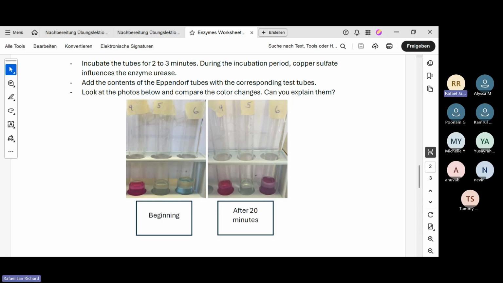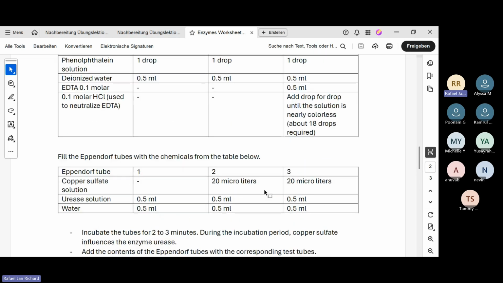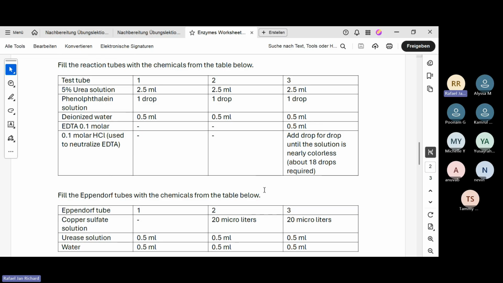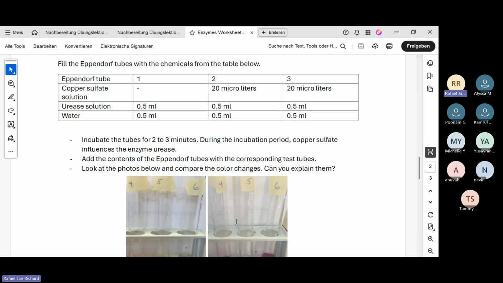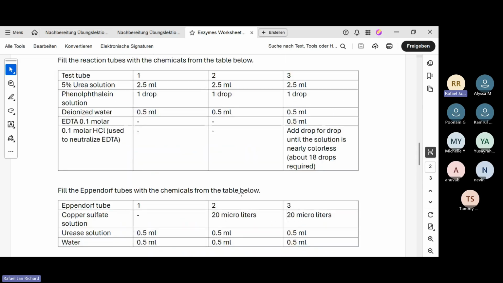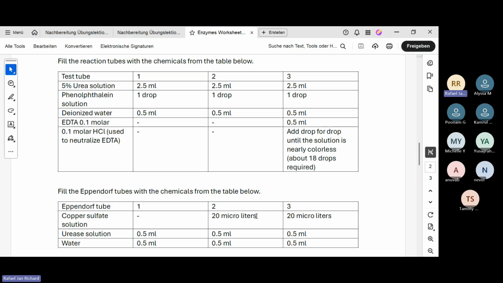And now you see in the third test tube, at the beginning, it shows no color change. But then after 20 minutes of incubation, you can see it also gets red. And now if we look back at the table with all the ingredients added, you can see in the first two, the ones without color change, there is also copper sulfate present, which causes the enzyme not to work.